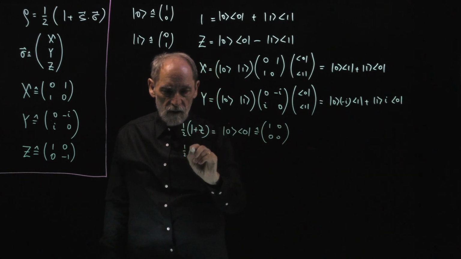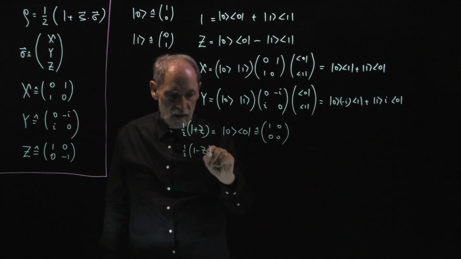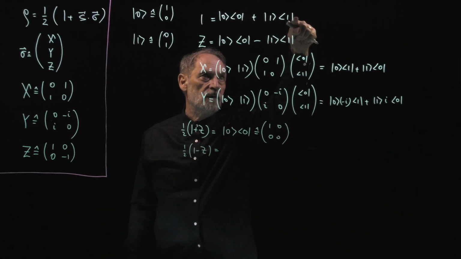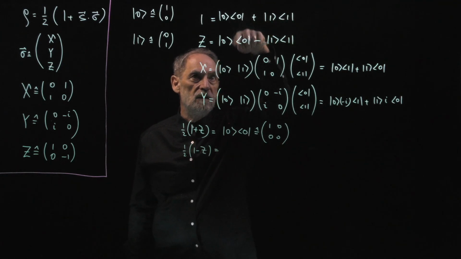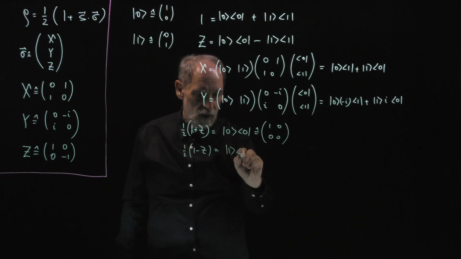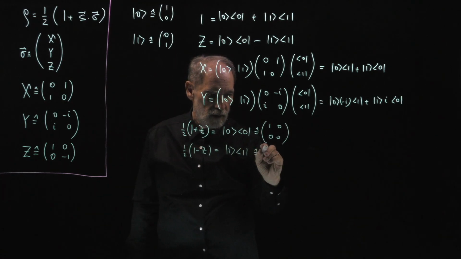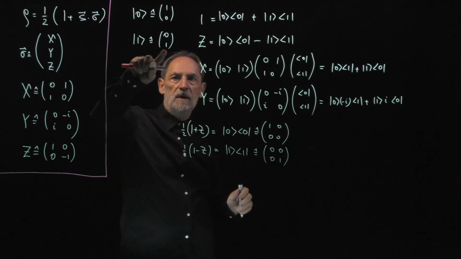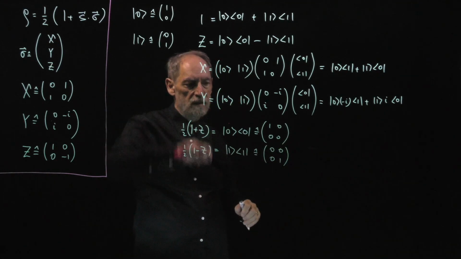And if I have the half 1 minus z combination, then now I'm subtracting z from the identity, so these two terms cancel and these double, and I get |1><1| after dividing by 2, and that's the matrix that I would obtain by multiplying this column by its adjoint row.